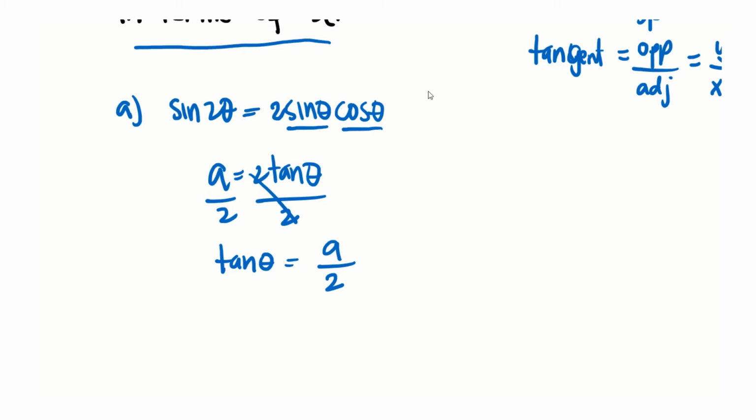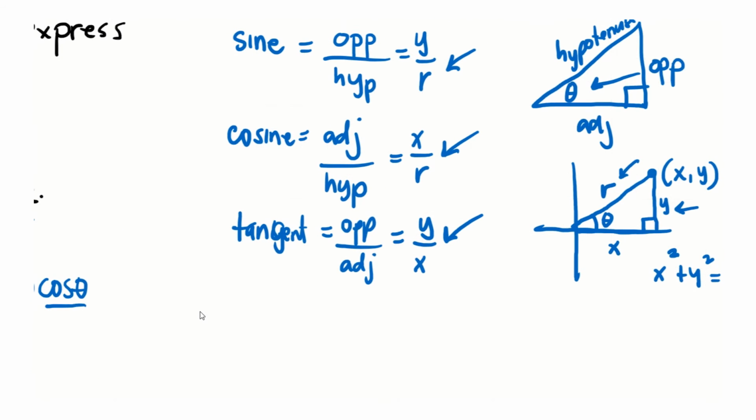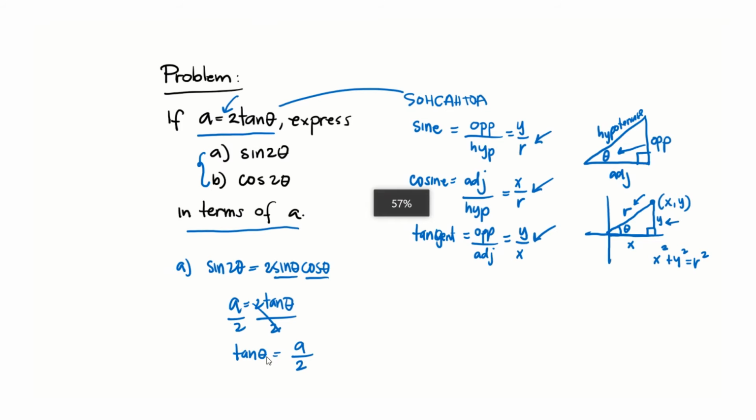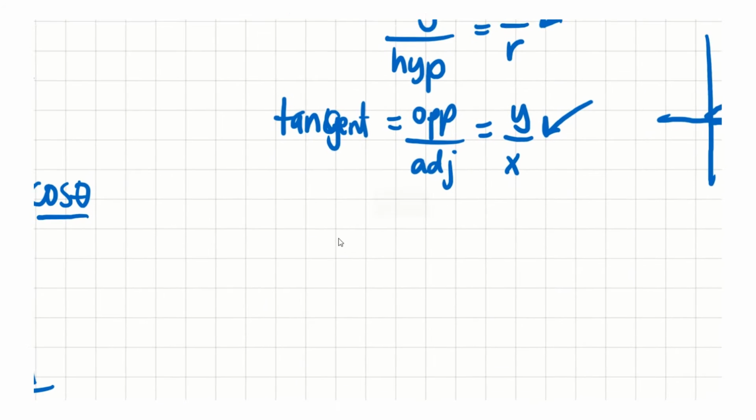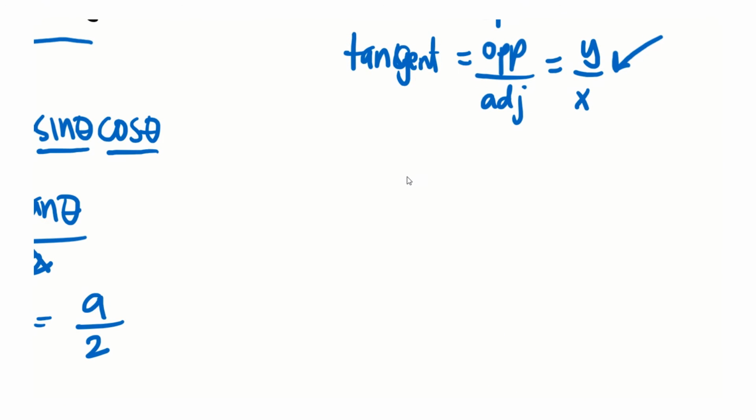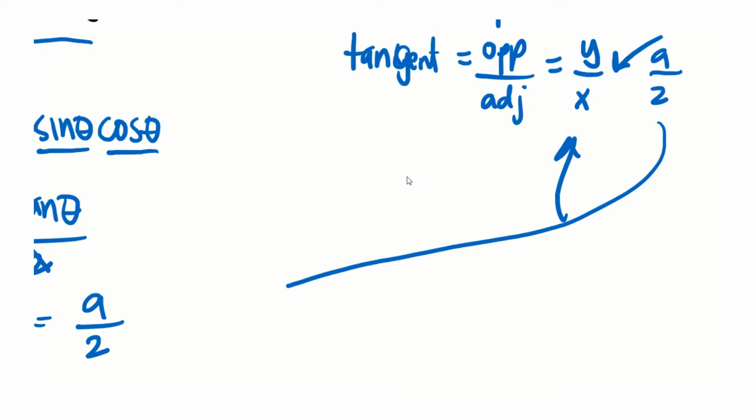And as we know from our ideas here, the tangent is opposite over adjacent. Our A over 2, as you can see here, is our y over x.